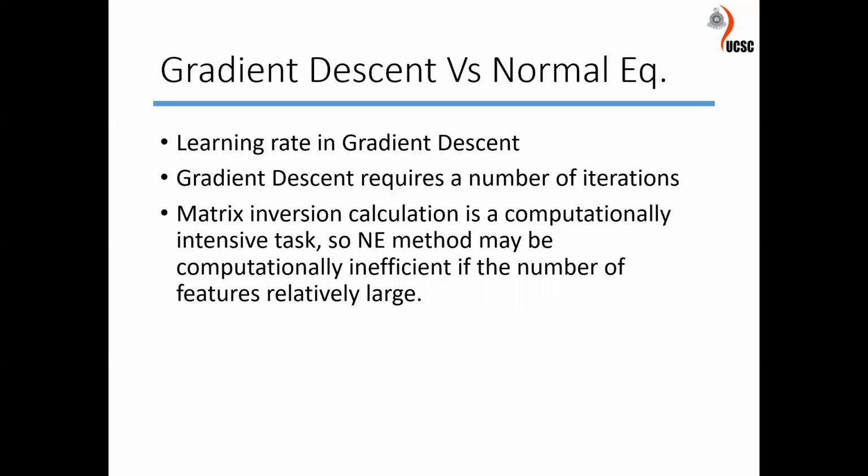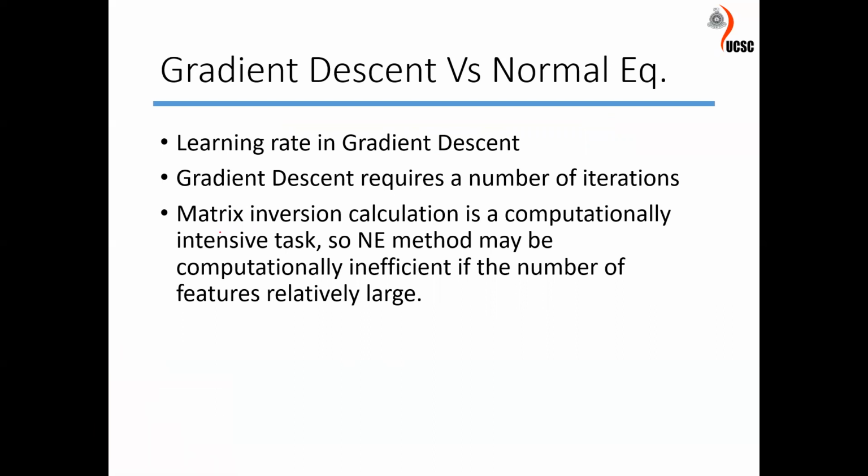Then, if we compare the gradient descent approach with the normal equation: in gradient descent, we have a learning rate, alpha. It's an iterative process. You keep updating the theta until it stops updating, or until it has converged.